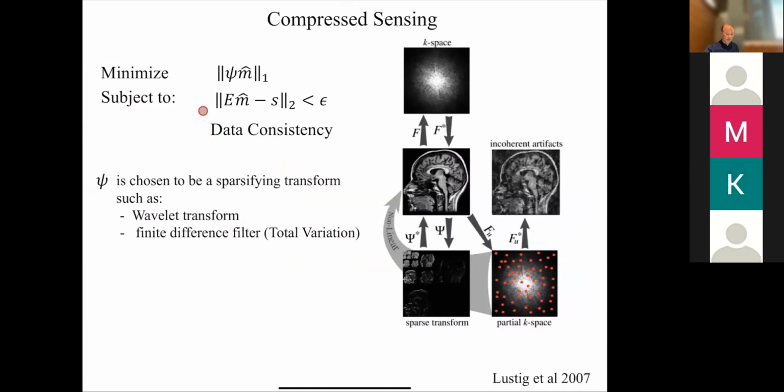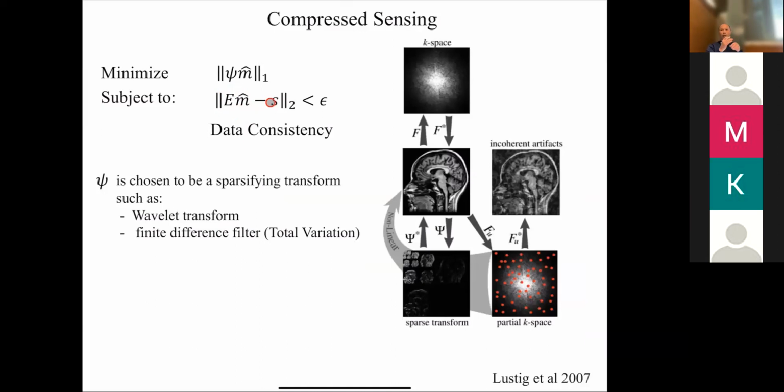We're going to change the solution, and this is one way of phrasing the equation. I'll show you another way, but essentially there's something called data consistency. S is the signal I measure, M hat is my estimate, and E is the encoding matrix. Data consistency means this is what I predict the measurement should be, and this is what the measurement was. I want to make that difference small, right?